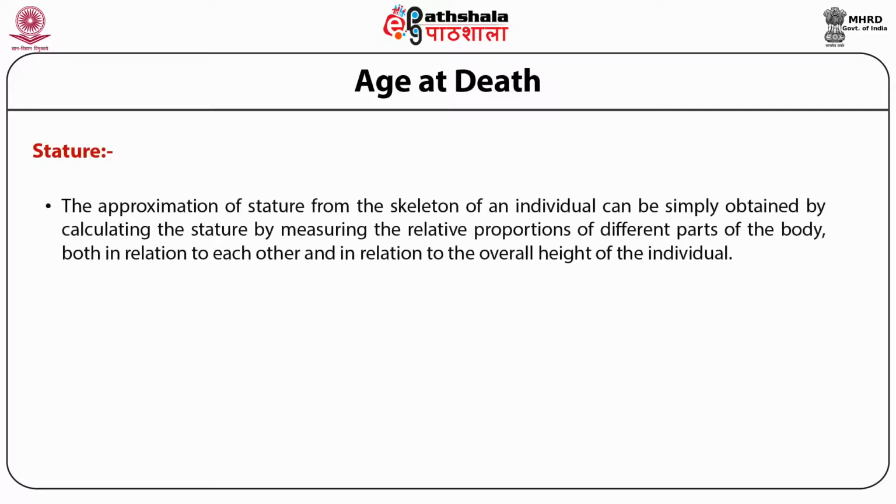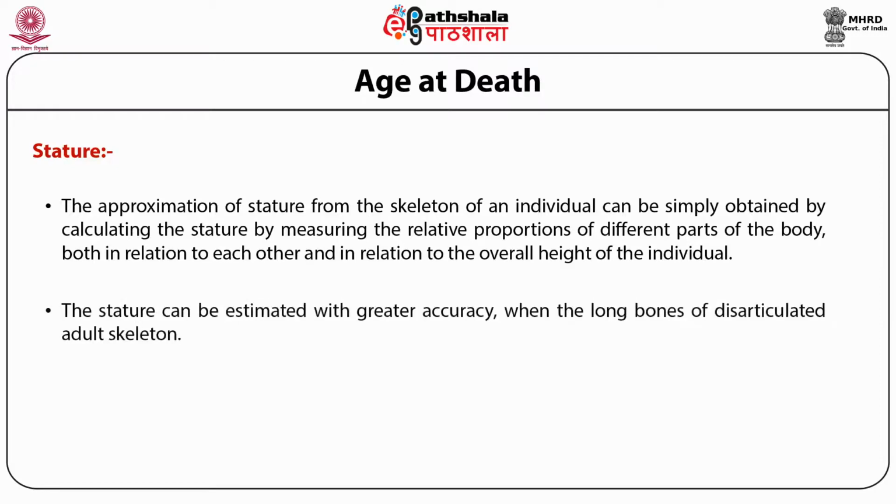The approximation of stature from the skeleton of an individual can be simply obtained by calculating the stature by measuring the relative proportion of different parts of the body, both in relation to each other and in relation to the overall height of the individual.